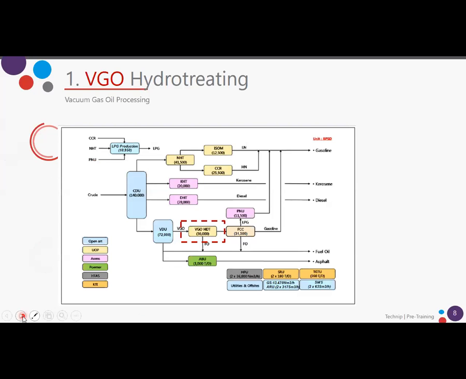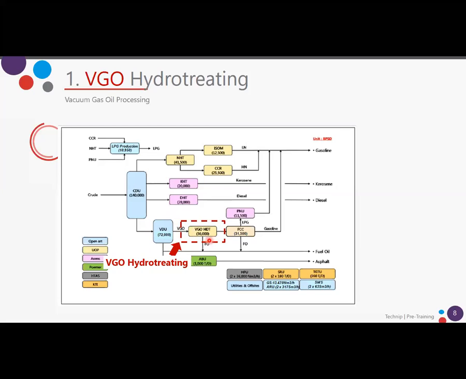So where do we have this vacuum gas oil hydrotreating? It is here, in this unit. Remember that in the refinery, the first unit is the crude distillation unit, and the bottom of the crude distillation unit we will process in the vacuum distillation unit. One of the main products of the vacuum distillation unit is the vacuum gas oil. This vacuum gas oil goes to the vacuum gas oil hydrotreating section.